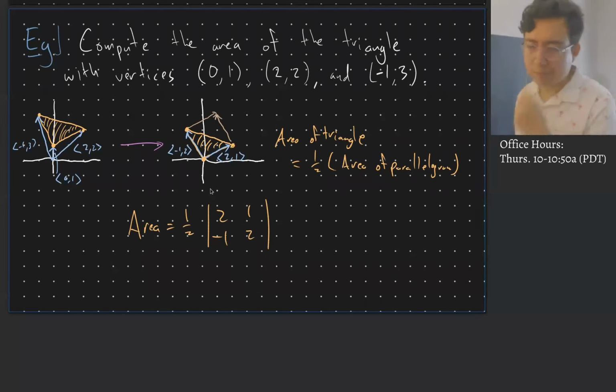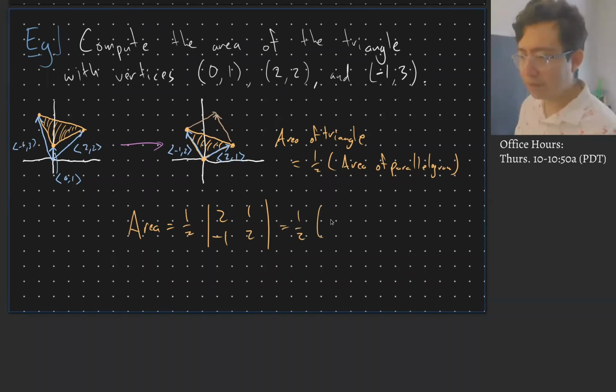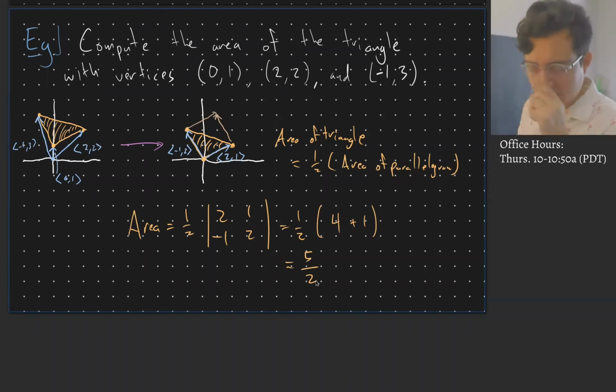Okay. So I'm using these vectors here. Now I take this determinant, I get 1/2 times 4 minus -1. So I get 5/2.